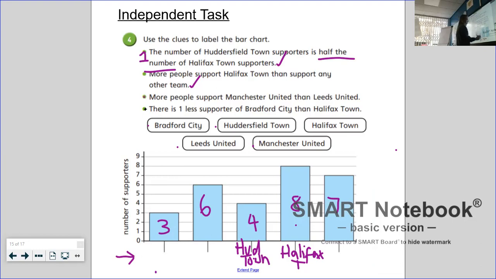Well, I know where Halifax Town is, so Bradford City is 1 less. 1 less than 8 is 7, so this must be Bradford City. So I've answered that. And then this is now a nice and easy one. This is my last one here. More people support Manchester United than Leeds United. So this must be Man U because it's got more. And this must be Leeds.